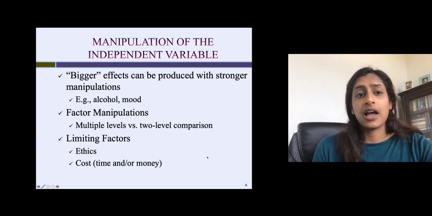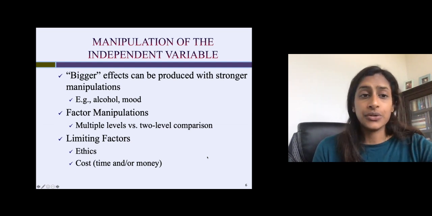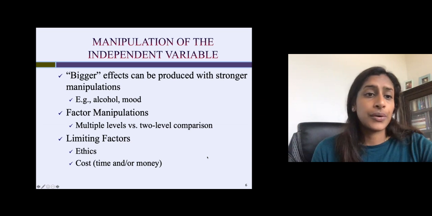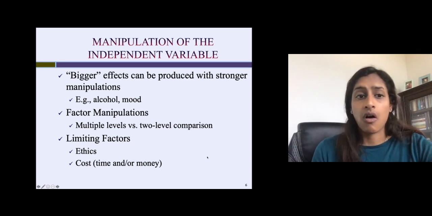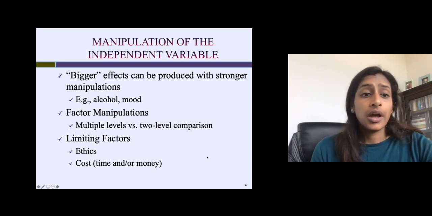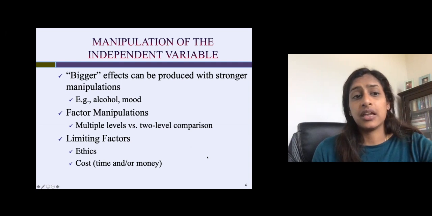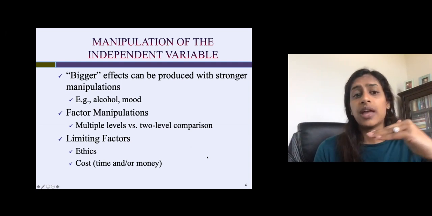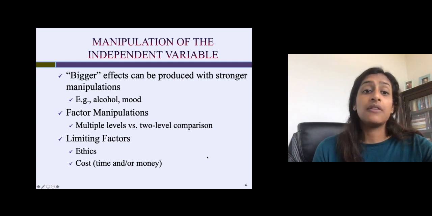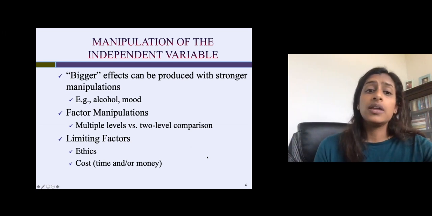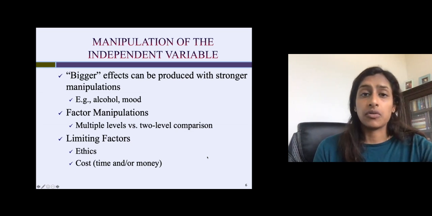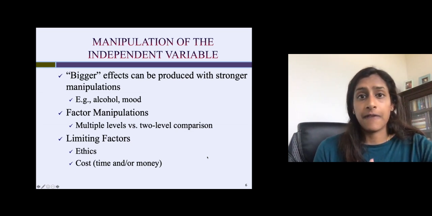We actually find that bigger effects can be produced with stronger manipulations, so things like alcohol or mood. And then we need to think about the factors that are being manipulated. Do we have multiple levels of the same factor, or are we comparing only two levels of a factor?